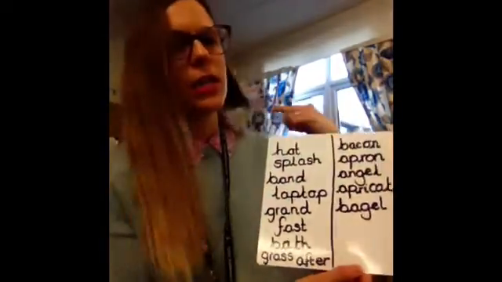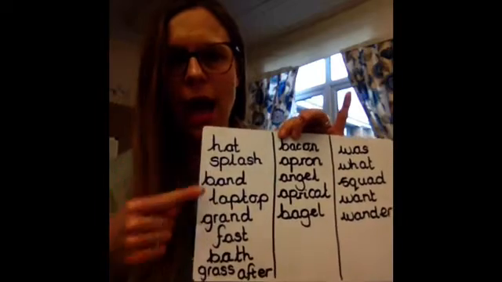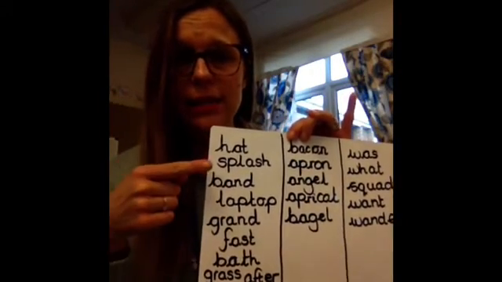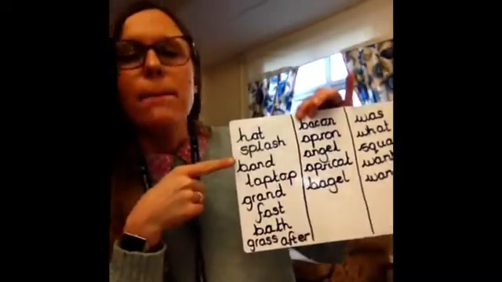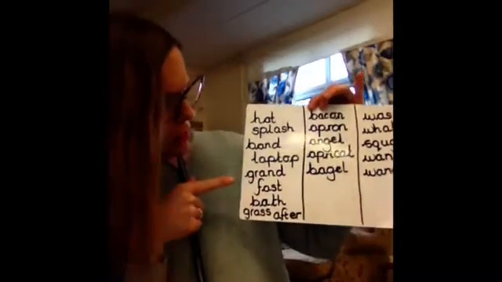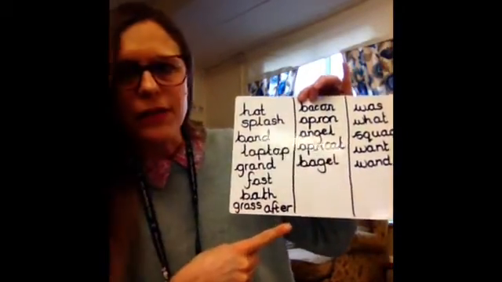Okay, and just by magic, I've got my 3 columns here. So in my A column down here, there's quite a few. We've got hat, splash, band, laptop, grand, fast, bath, grass, and after. Fantastic.